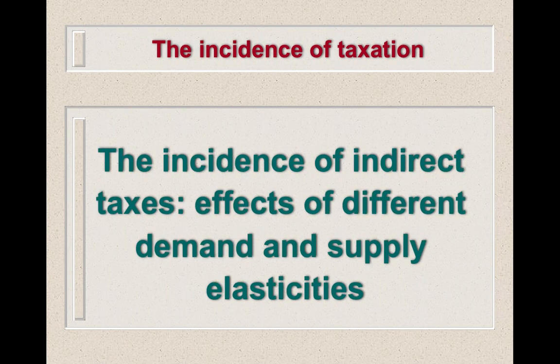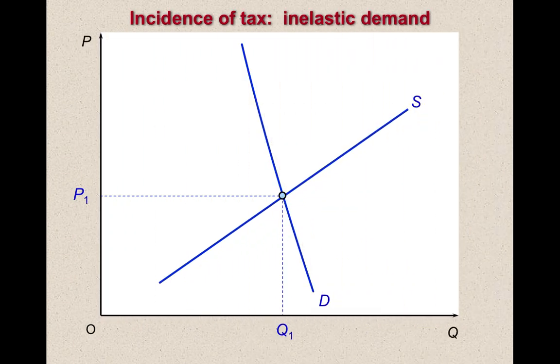and let's look at the incidence of tax at different elasticities. Here in this diagram we have a really inelastic demand curve, meaning it's very steep, so consumers don't adjust to prices much. Something like cigarettes would be a good example, because they're addictive, so you'd have a really steep curve. So let's say we shift the supply curve up because of the tax.